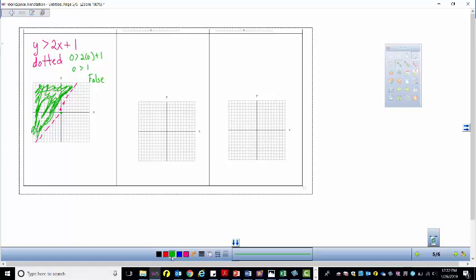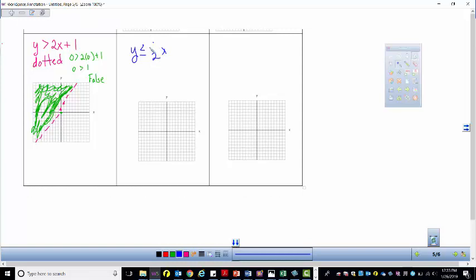All right, so the next two I'm going to show you are special cases. This first one is y is less than or equal to 3 over 2x. So first of all, again, is this going to be dotted or solid?